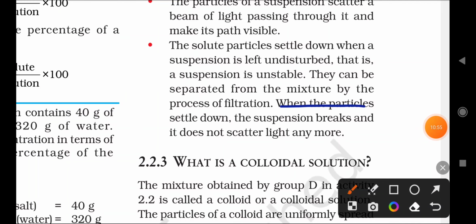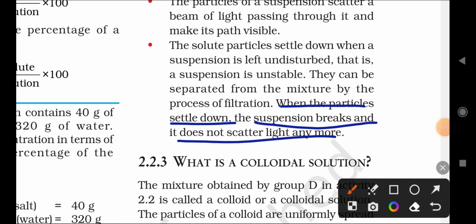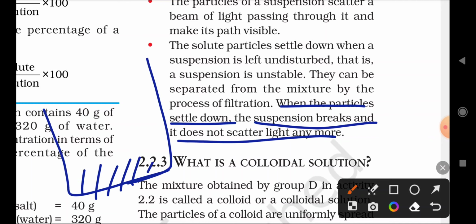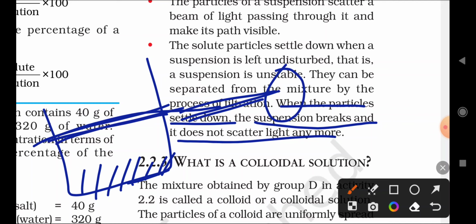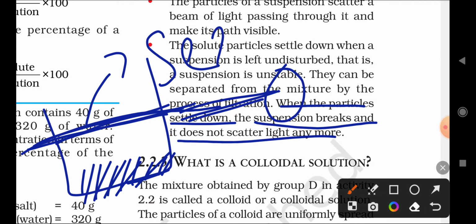When the particles settle down, the suspension breaks and it does not scatter light anymore. Remember that. When the particles are settled down and we pass light, they will not scatter the beam of light, and we cannot see the path of the light.